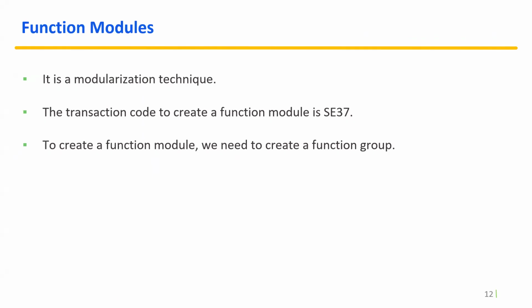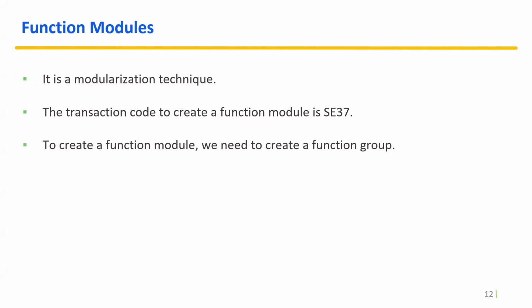Once you create a function module, you can call it anywhere in SAP. If it is an include program, we can call it in programs and in function modules. If it is a subroutine, I can call it in a program only. If I have a different object, I cannot call a subroutine. So we call a subroutine a local modulation technique.